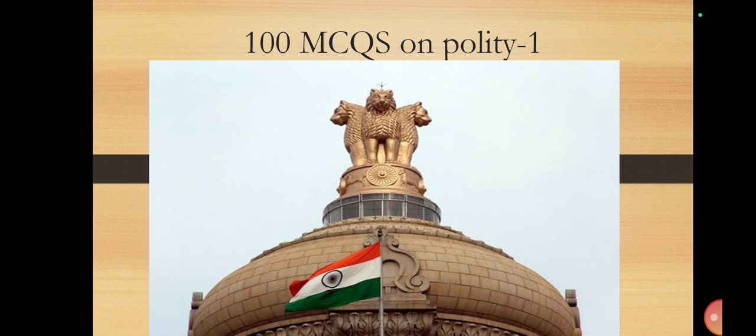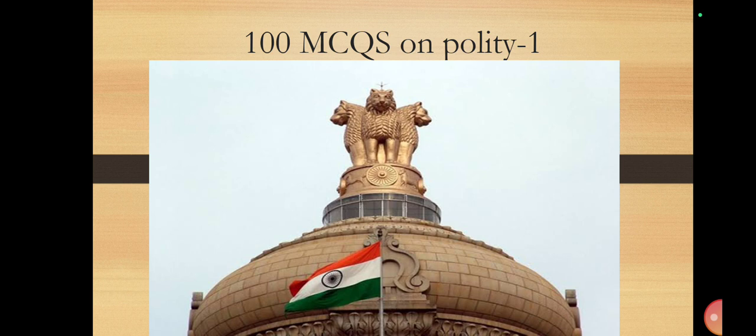Question number 95. Salary, pension, allowance of the chairman and members of the Union Public Service Commission are charged on the Consolidated Fund of India. Question number 96. Both the National Commission for SC and National Commission for ST, while investigating any matter or inquiring into any complaint, have all the powers of a civil court trying a suit. The Union Public Service Commission is not vested with such powers.